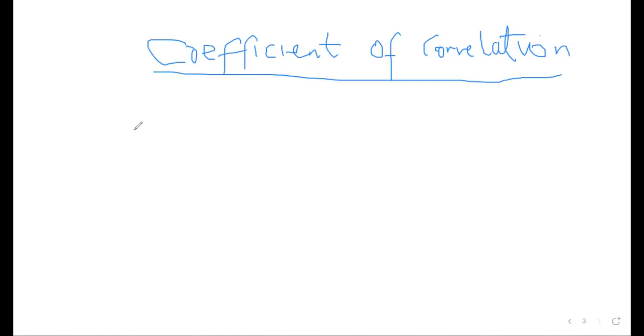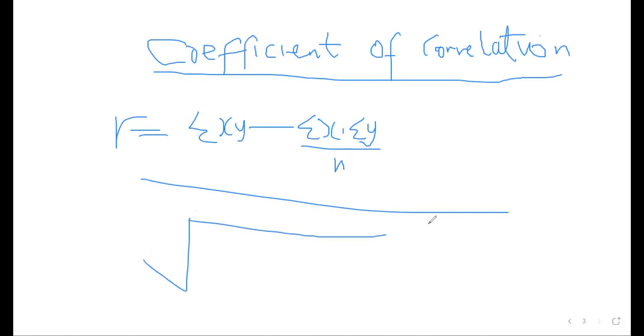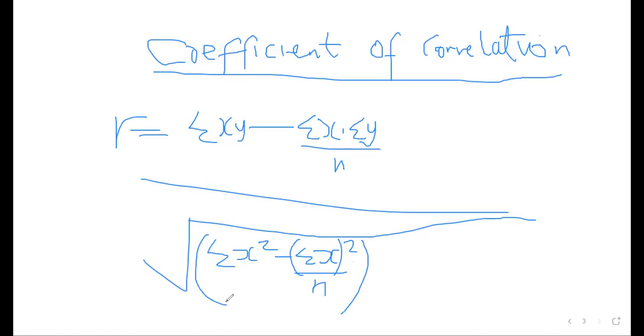This is given by R, which is the summation of xy minus the summation of x multiplied by the summation of y over n, over the square root of the summation of x square minus the summation of x, the whole square, over n, multiplied by the summation of y square minus the summation of y, the whole square, over n.